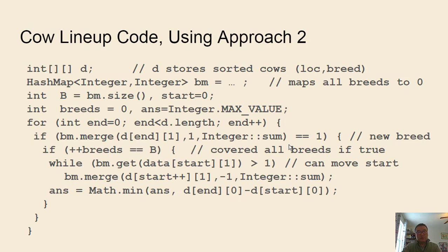So this is the code for the cow lineup problem using approach 2. This 2D array stores the call information. Each cow has a location and breed. And this map will be used to keep track of the number of cows in each breed in the window.